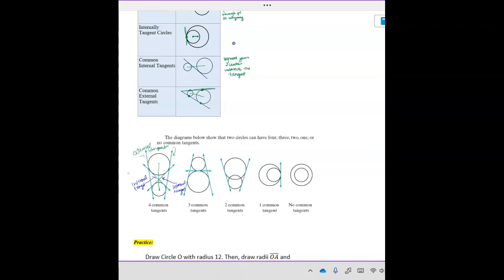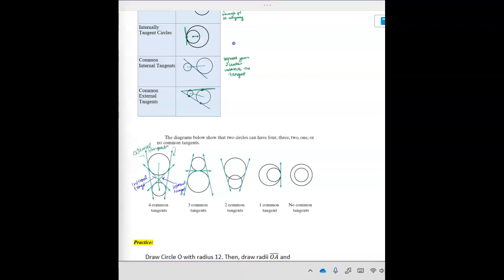In the next figure, you see we've got the two circles that are touching each other. And so in that particular case, we can only draw 3 tangents. 2 of them on the outside, those are external tangents. And then you have those 2 circles that are tangent to each other, and you do have that tangent line that they share. Then we've got some overlapping circles, and we only have 2 external tangents there.